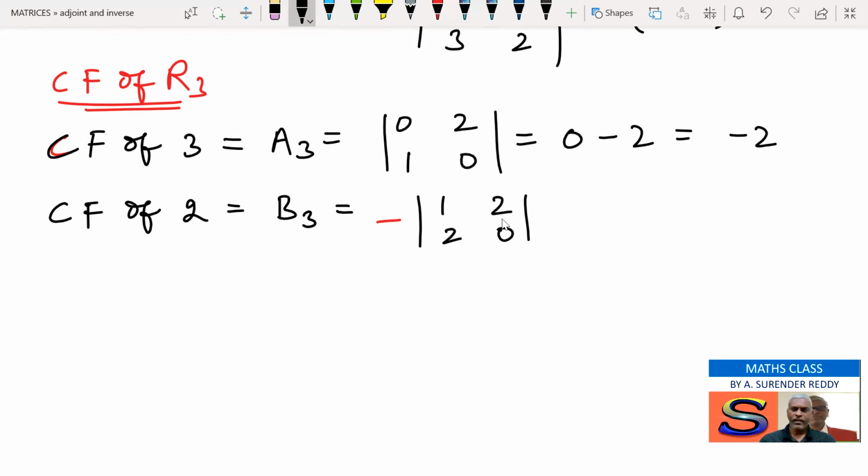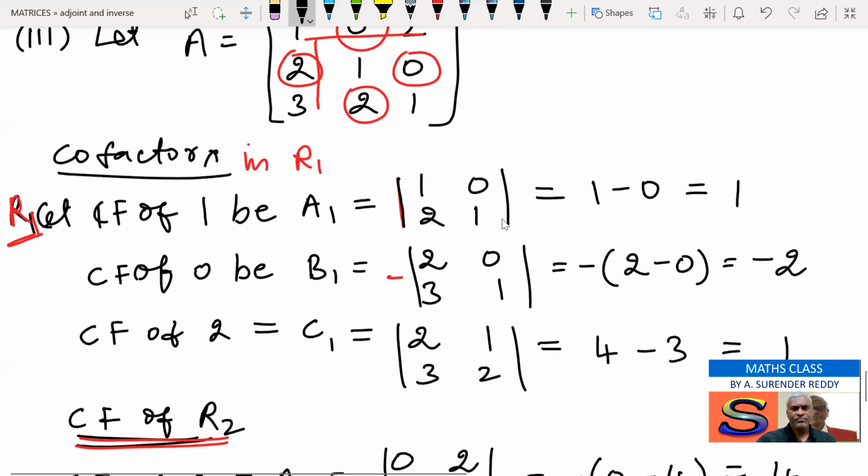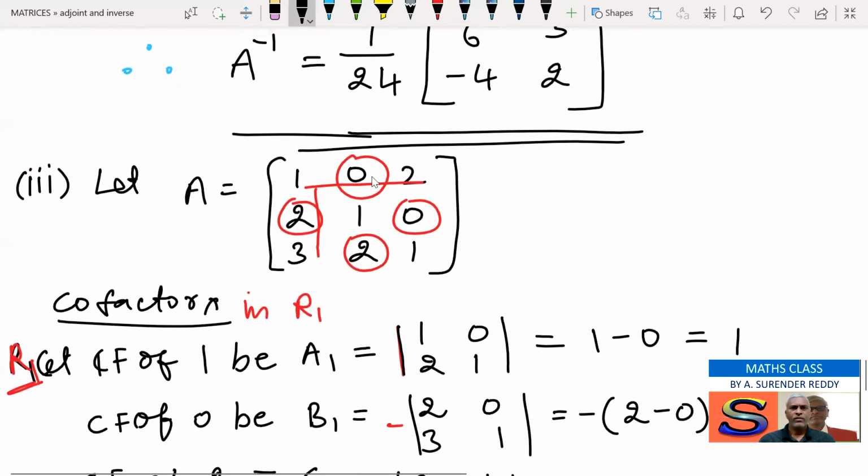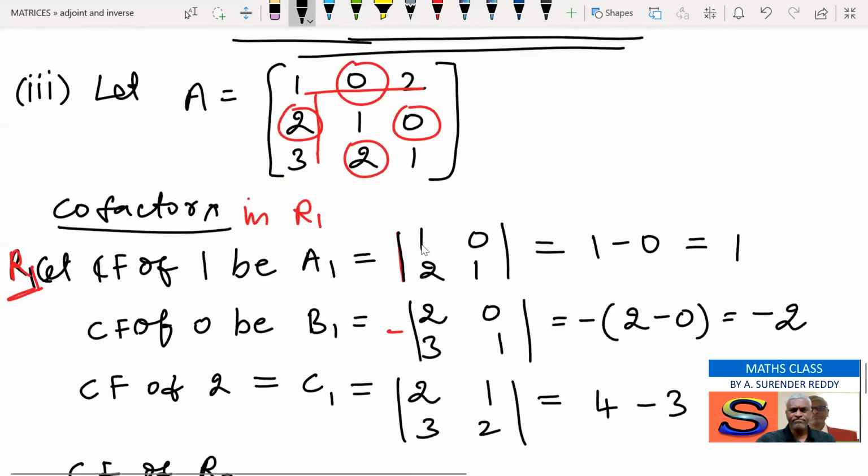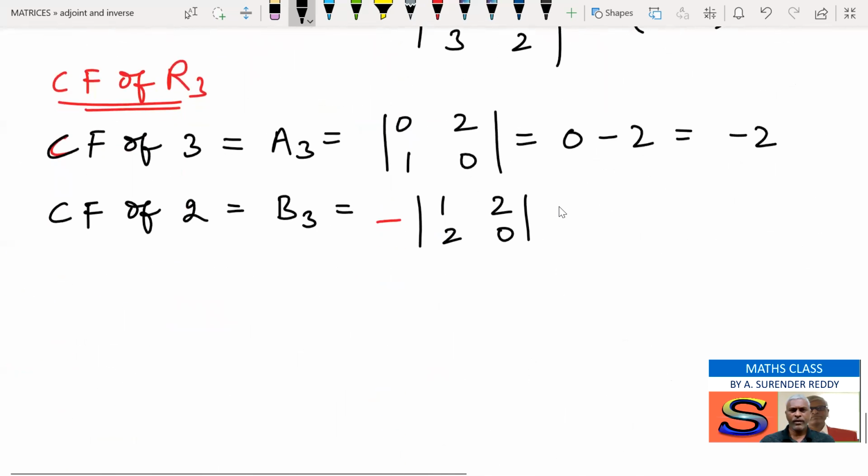If you practice, it will be clear for you. 1 into 0 minus 2 into 2 is minus 4. Which 4 elements are we taking? You observe, minus of minus 4 is plus 4.